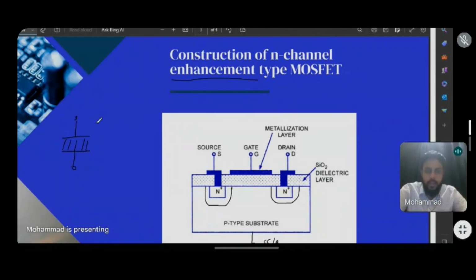And if we provide a potential on the terminal G with respect to the terminal S, there is a potential difference created, and due to that, there is an accumulation of positive charges on this plate and negative charges accumulated on this side of the plate.